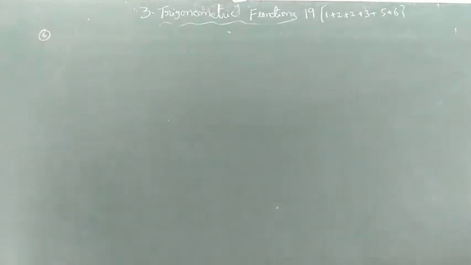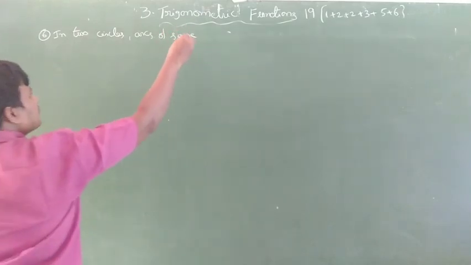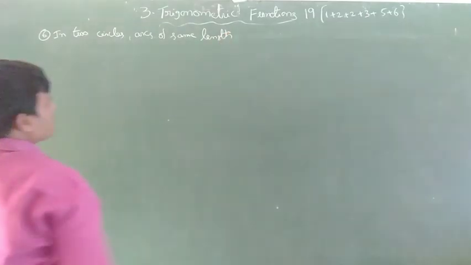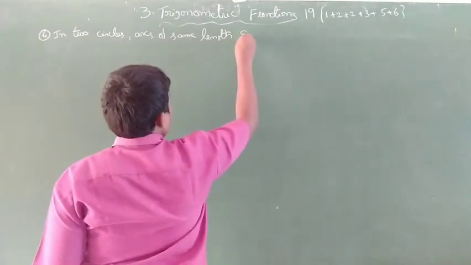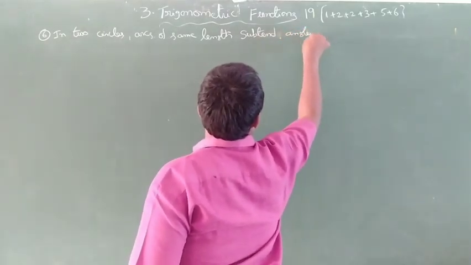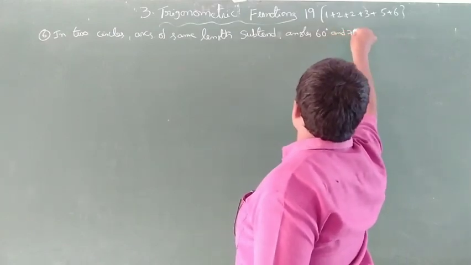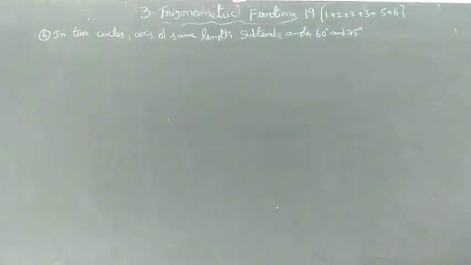Sixth problem. In two circles, arcs of the same length subtend angles 60 degrees and 75 degrees at the center.